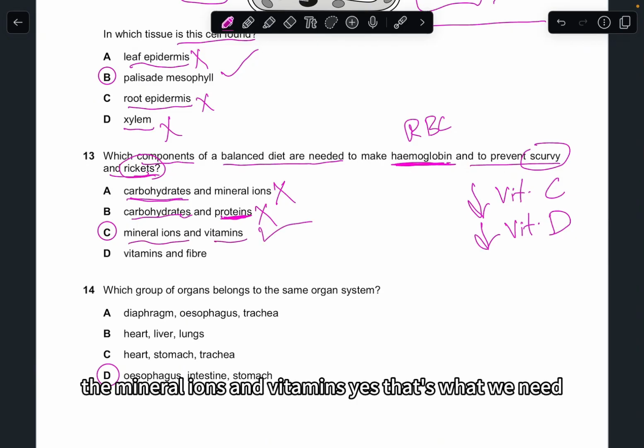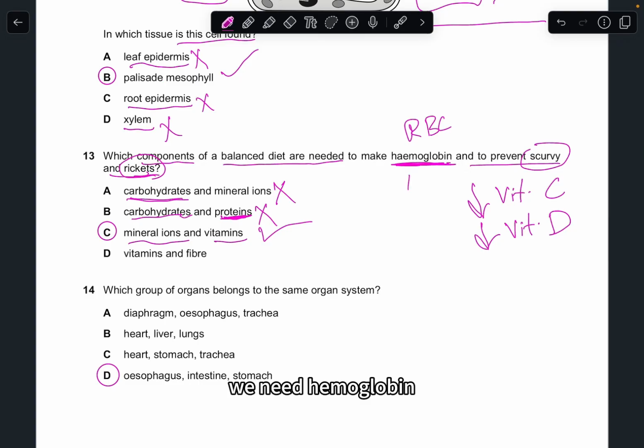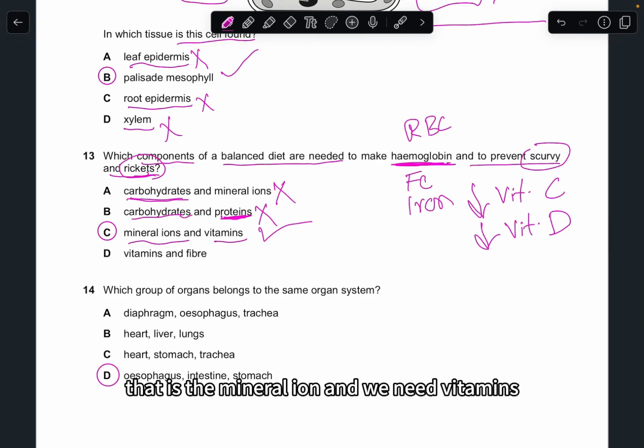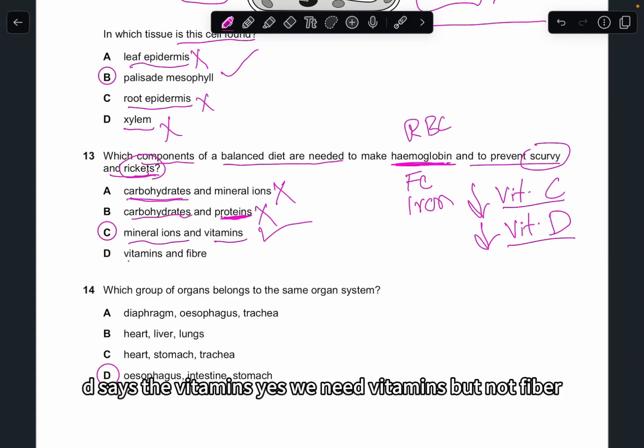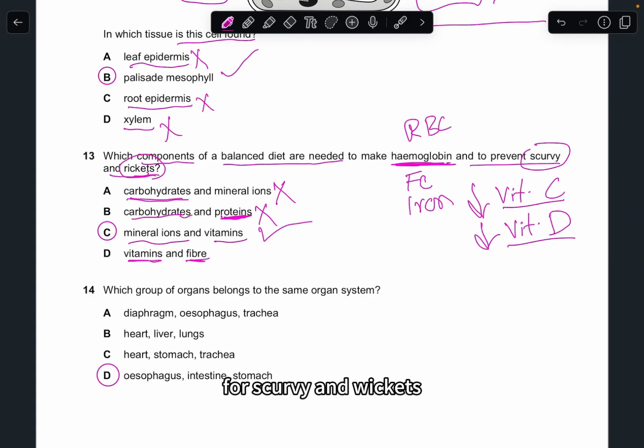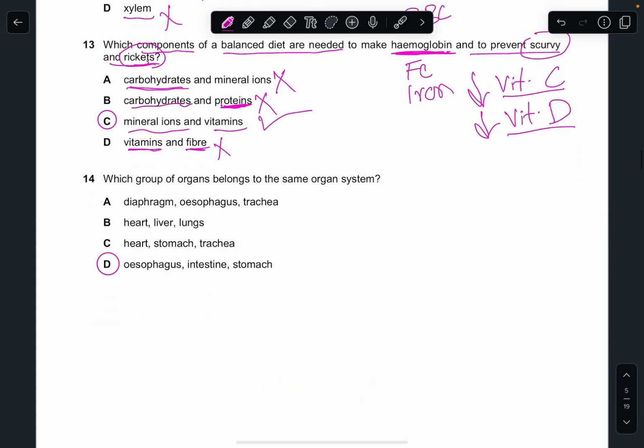Yes, that's what we need. We need hemoglobin, iron. We need iron. That is the mineral ion, and we need vitamins. So our answer is C. D says the vitamins. Yes, we need vitamins, but not fiber for scurvy and rickets. Fiber absorbs water, so D is not right.